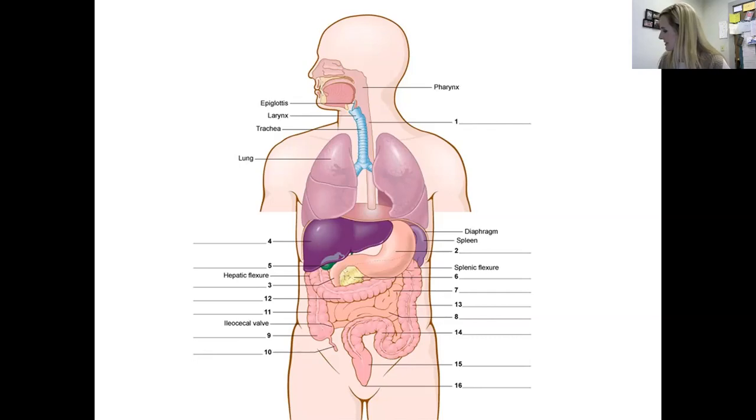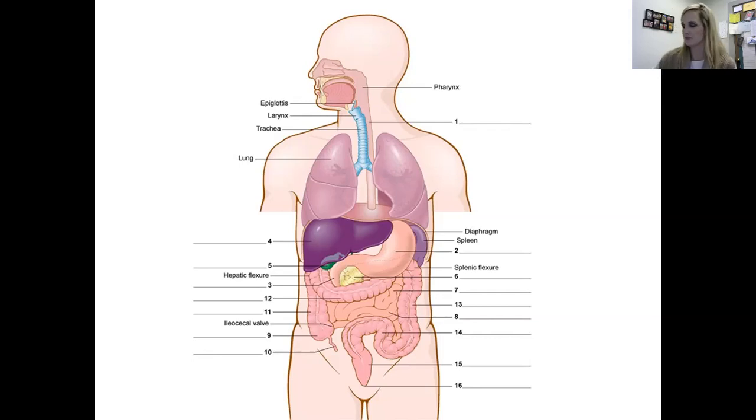My apologies. The second section, so what number 7 is pointing to on your diagram, is called the jejunum. Jejunum. And then the last section is ileum. So you can see these different terms in blue in your book.